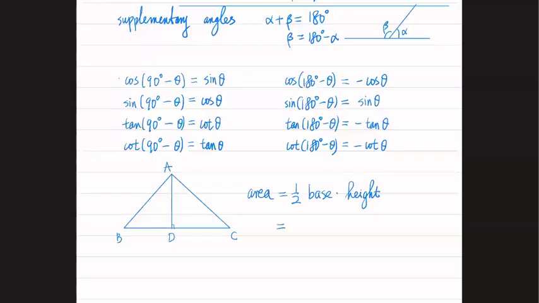In our case, base is BC, height is AD. But we can use angles to represent the height.